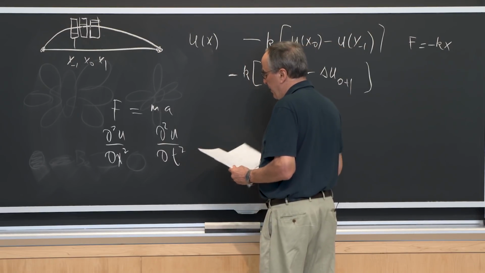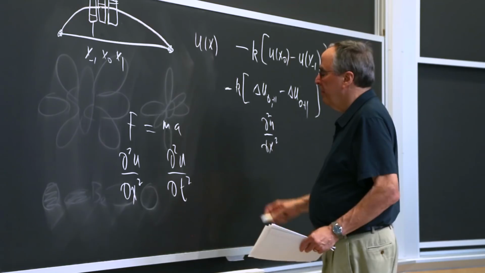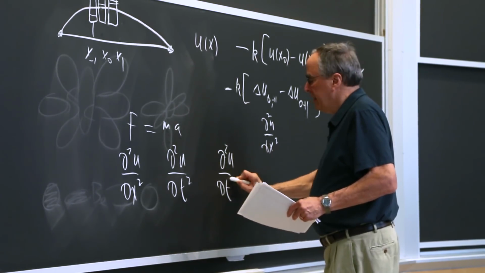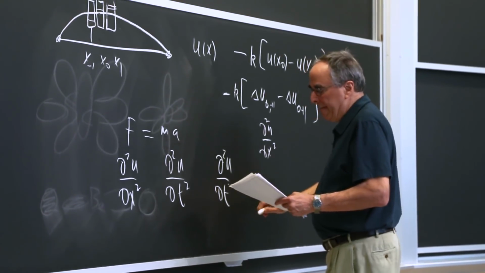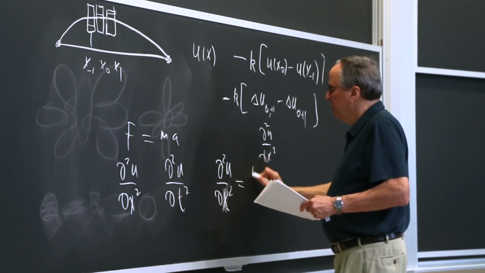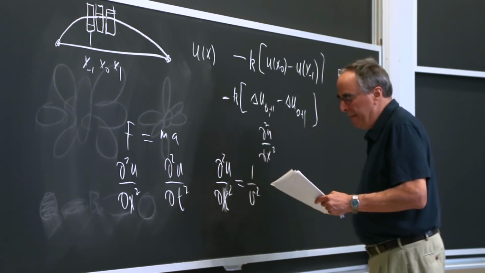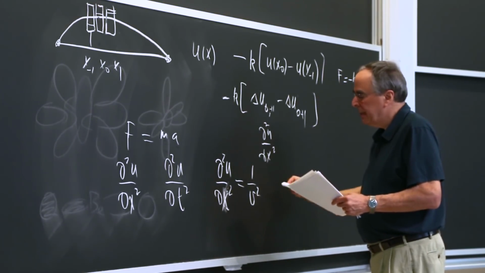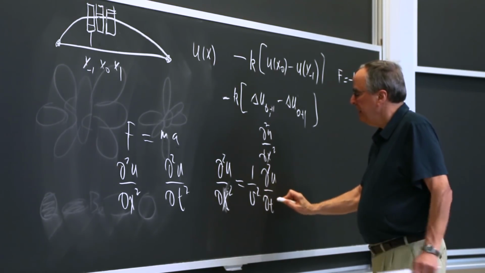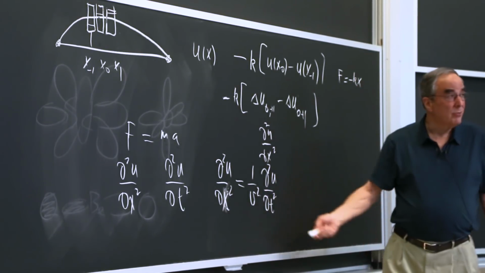And the differential equation has the form: the second derivative of u with respect to x is equal to 1 over v squared times the second derivative of u with respect to t. That's the wave equation.